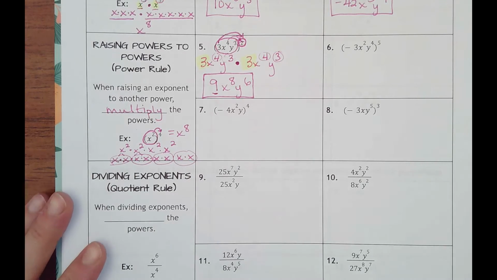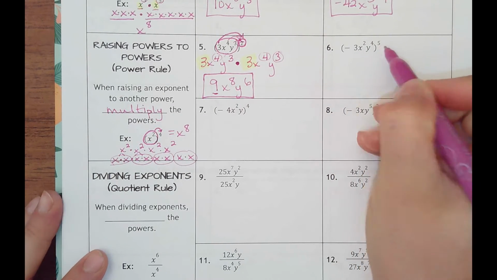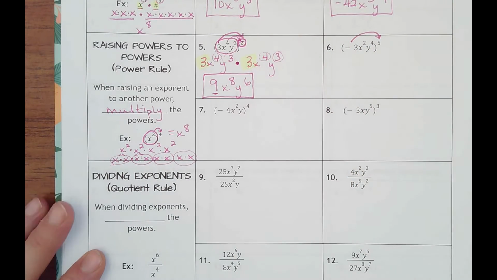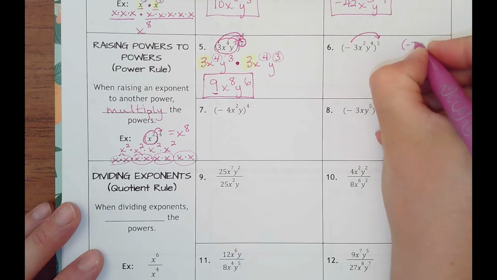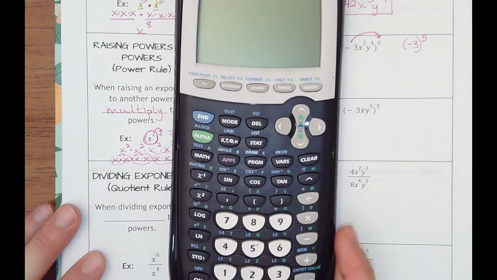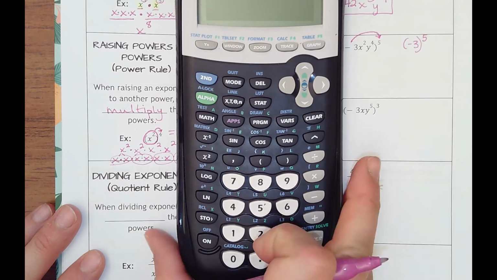Okay, so number 6, it would be this inside part times itself 5 times. But instead, I'm going to take negative 3 to the 5th power. I'm going to write that over here. Okay, I'm going to teach you how to use your calculator. Make sure you turn it on, which is down here at the bottom.